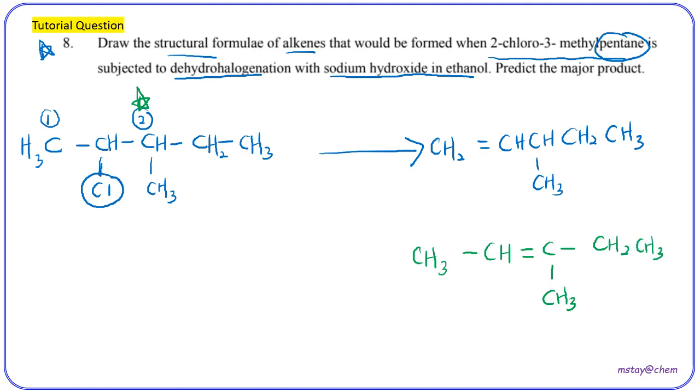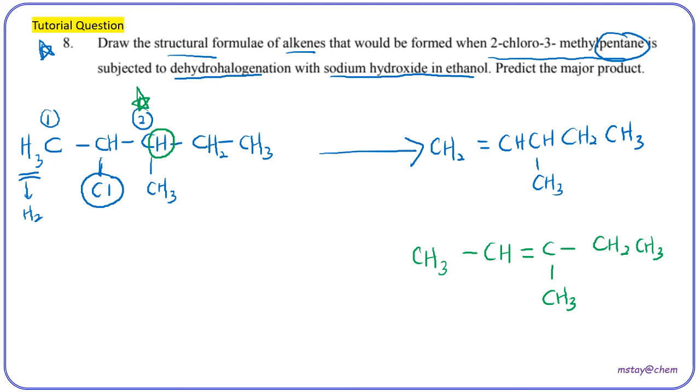For the right hand side, it means that this hydrogen is removed. For the left hand side, it means that one of the hydrogens is removed, so it becomes CH2 and forms a double bond.